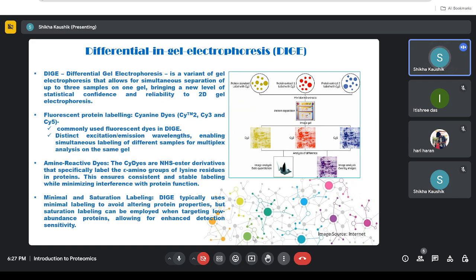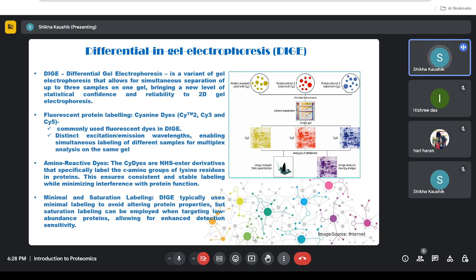When you capture any image, you have a time limit. When you go beyond a particular time limit, the proteins that are present in abundance will be saturated. You will never find a difference between their spots. For example, if three or four proteins are very abundant and some proteins are present in very low amounts, then when you increase the image capture time, the abundant proteins will be saturated.